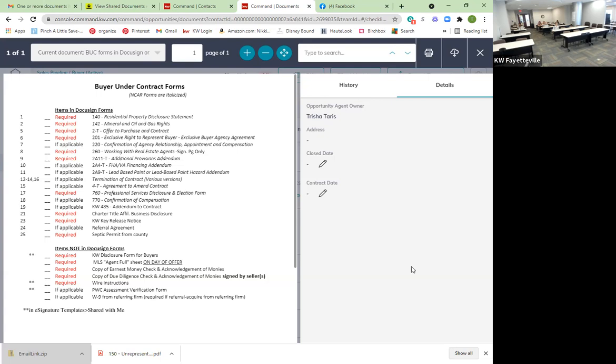So as far as the records they're asking for, is it primarily all of the documents that you would have downloaded, you would have uploaded into command? Yes. Or all of the email transactions? That too. So don't delete anything, because you need to keep a paper trail of your conversations. So how long are people keeping those communications?